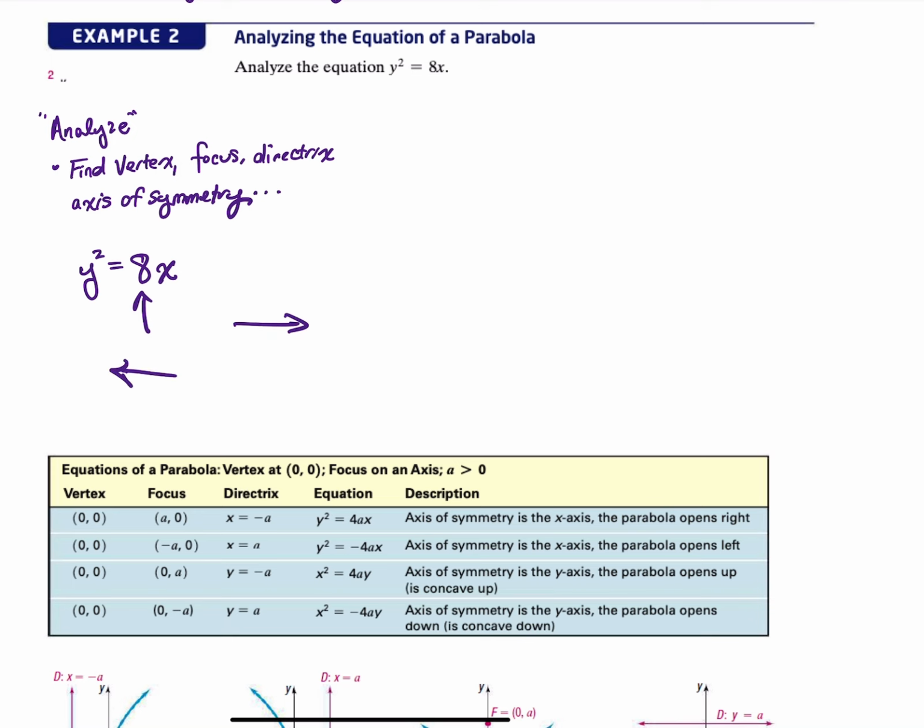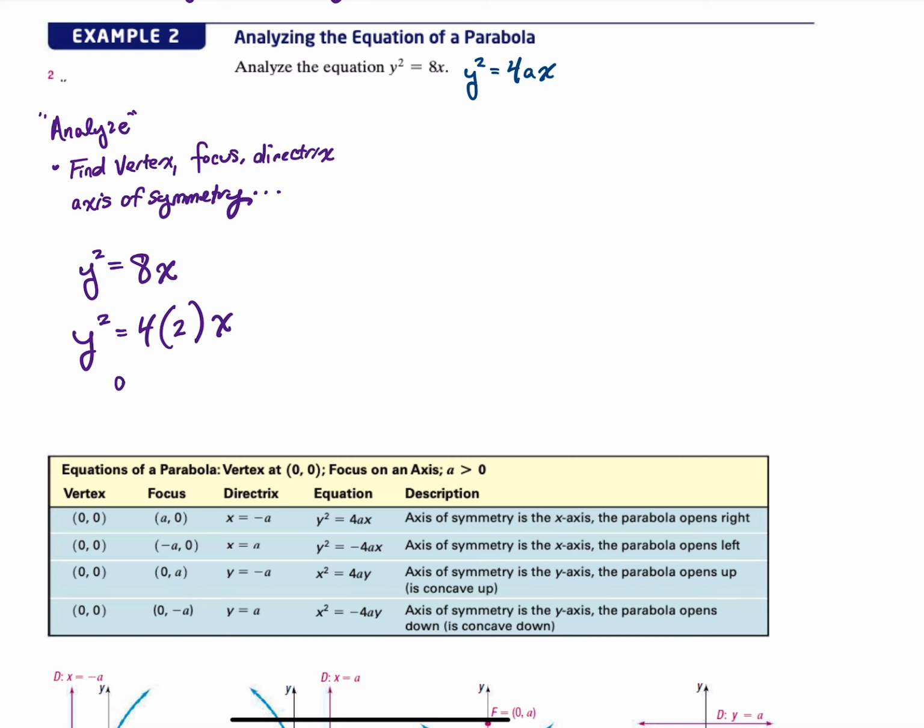The y squared tells me that it's some sideways parabola. But we want it in that form. The general form was y squared equals 4 times a times x. So let's just express this with a 4. This would be 4 times 2 times x.